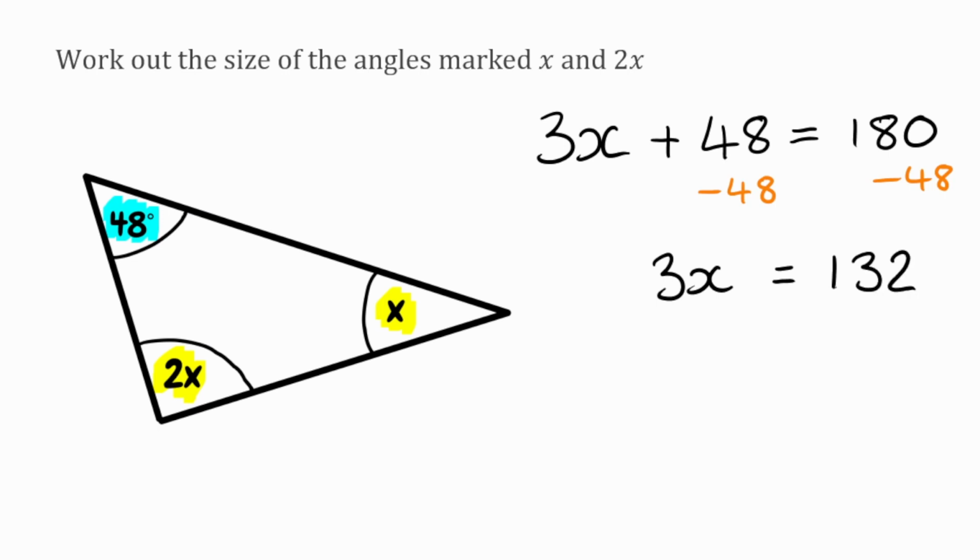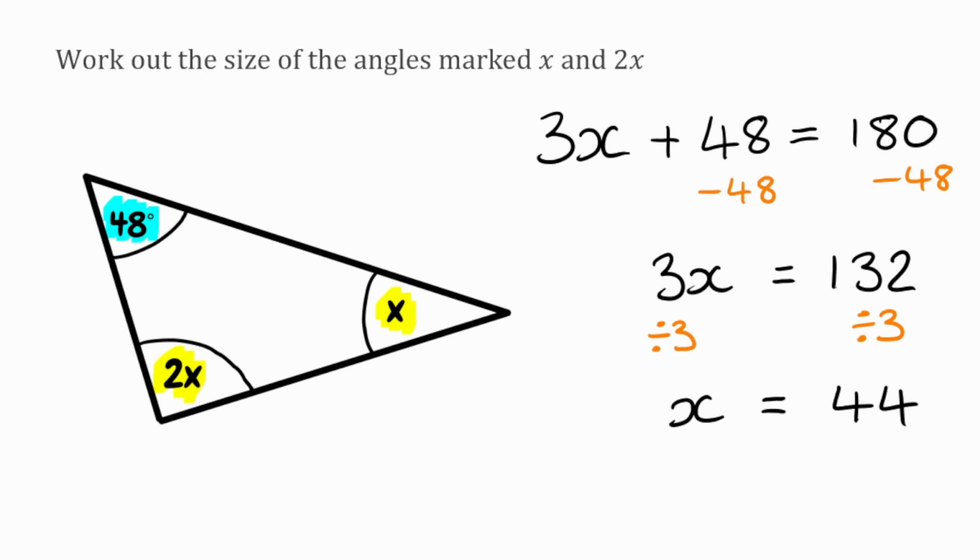We've now got 3x, which means 3 times x, is equal to 132. So to solve for x, all I'm going to do is the opposite. Instead of multiplying by 3, we're going to divide this side by 3, which means I've got to do it to the other side as well. So 3x divided by 3 would just leave us with x, and then we'd have 132 divided by 3. That's going to leave us with 44.